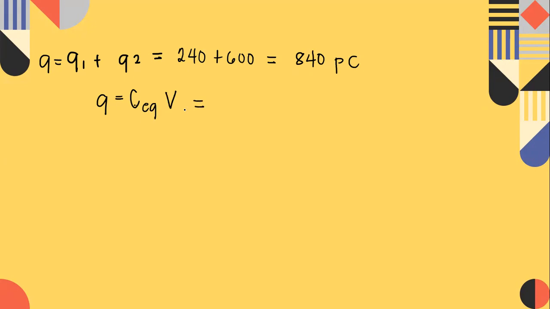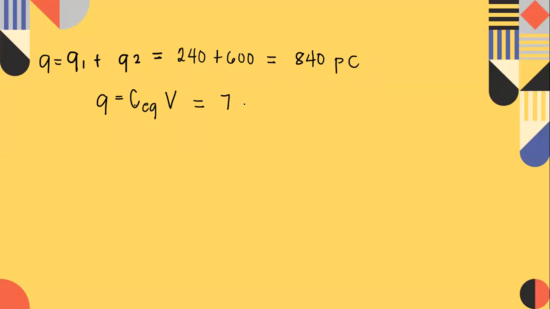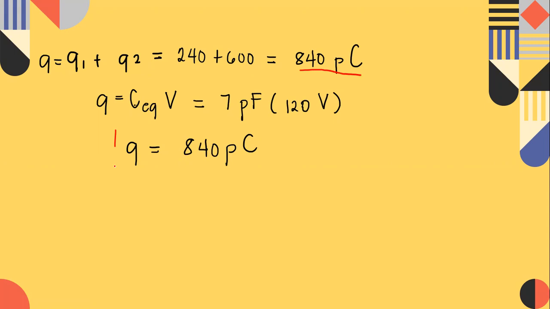C equivalent is 7 picofarad times the voltage of 120, which is also equal to 840 picocoulombs, with the same answer.